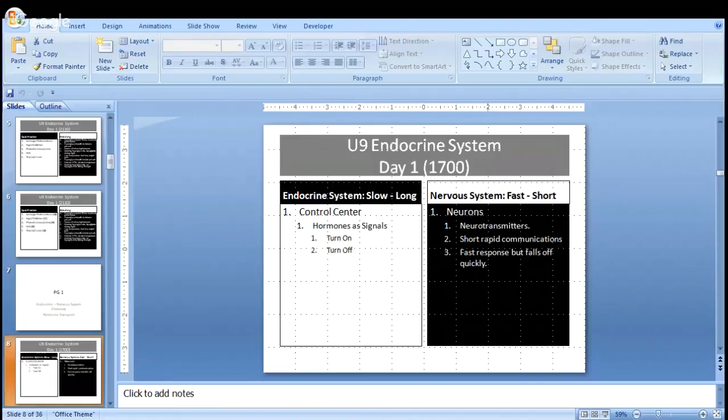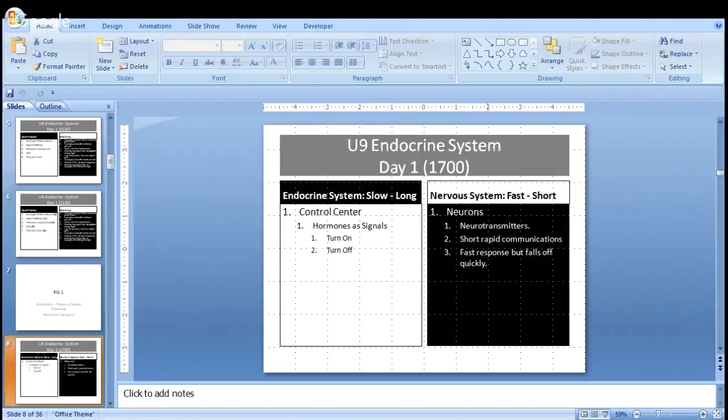It's sustained. Is this section on the right the exocrine? Yeah, so on the left side of the box is the endocrine system. So the endocrine system is kind of the control center, right? It uses hormones to signal, and the signals are only turn on or turn off.